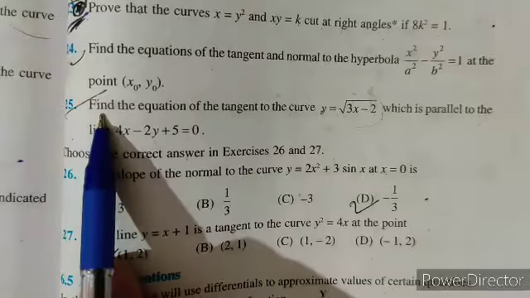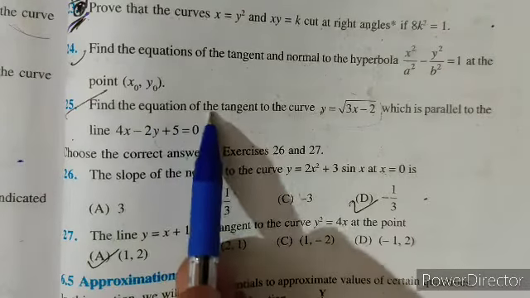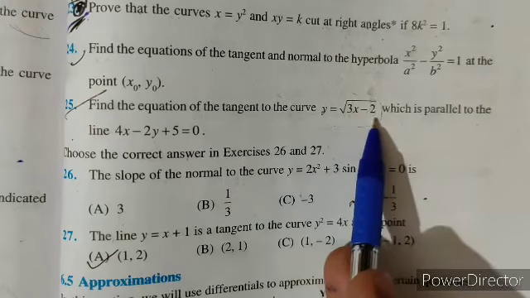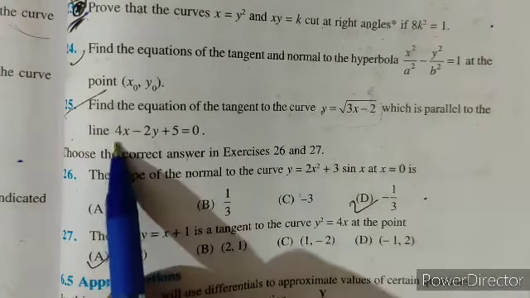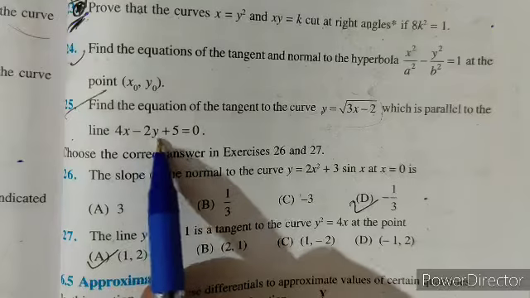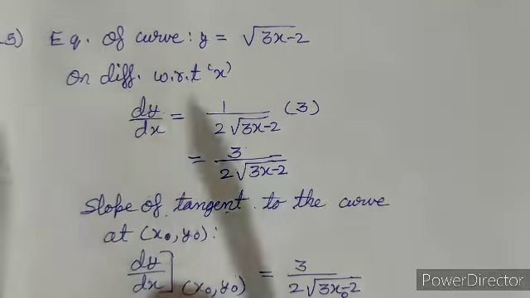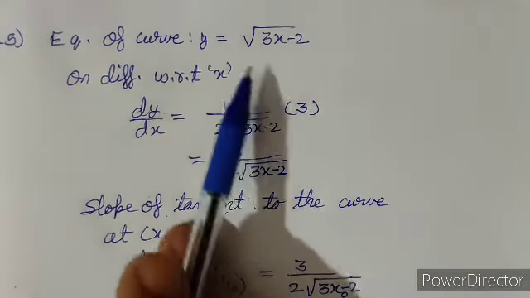In question number 25, we have to find the equation of the tangent to the curve y equal to under root 3x minus 2, which is parallel to the line 4x minus 2y plus 5 equal to 0. Now equation of the curve is given to us.